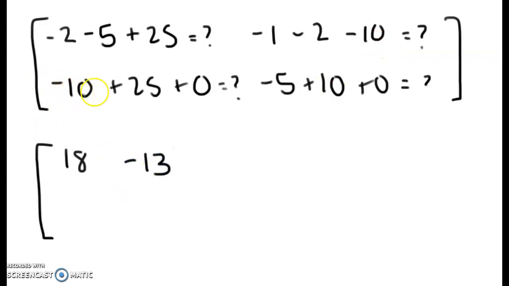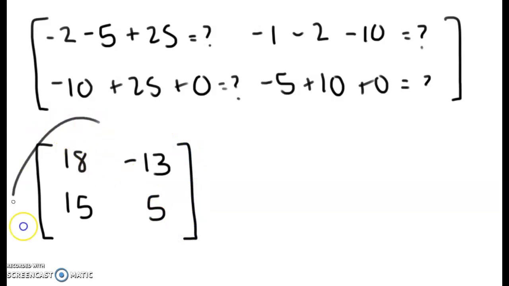And here we have negative 10 plus 25, which is 15 plus 0, so the value is 15. And here we have negative 5 plus 10, which is 5 plus 0, so this is 5. So here we achieved our 2 by 2 matrix of matrix A times matrix B.